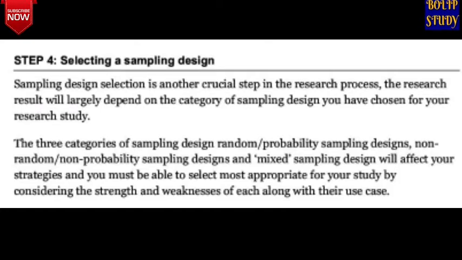The three categories of sampling design are random or probability sampling design, non-random or non-probability sampling design, and mixed sampling design. They will affect your strategies, and you must be able to select the most appropriate for your study by considering the strength and weakness of each along with their use case.